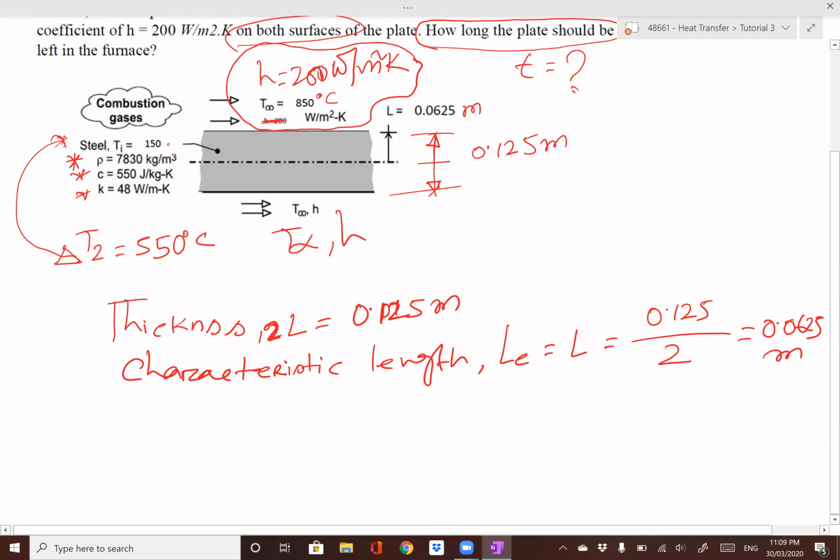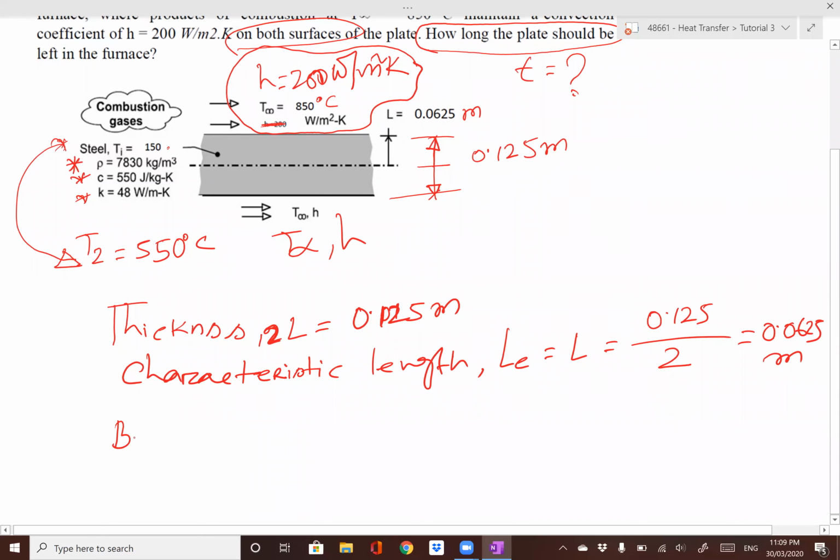Okay, then now we can calculate the Biot number. So Bi, its formula is the convection heat coefficient h, times the effective characteristic length LC, divided by the thermal conduction coefficient k.